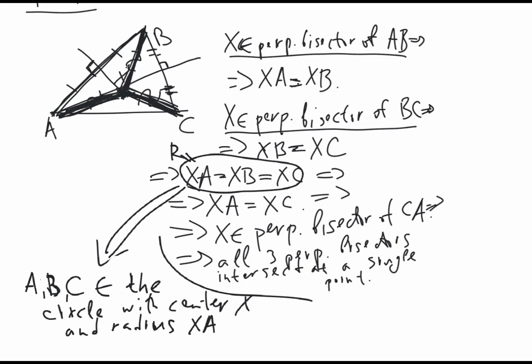So A, B, and C lie on the circle with the center X and radius r.